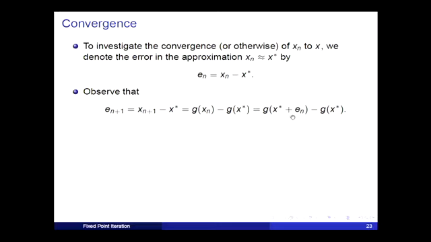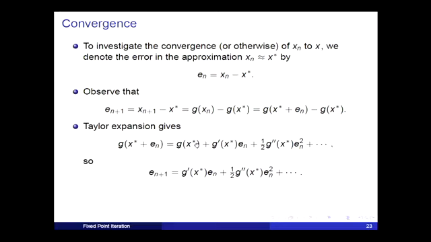So now what I want is to get e_n out from this right-hand side. Taylor expansion, yeah. Either Taylor expansion or the mean value theorem, so either way is okay. If you take the mean value theorem, then you get g prime and you get e_n. With Taylor expansion, it is the same.